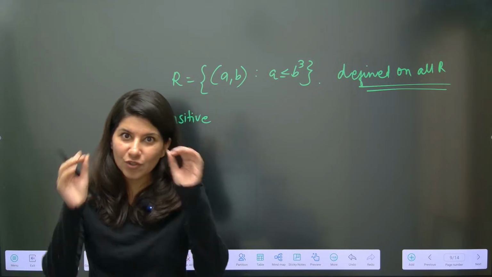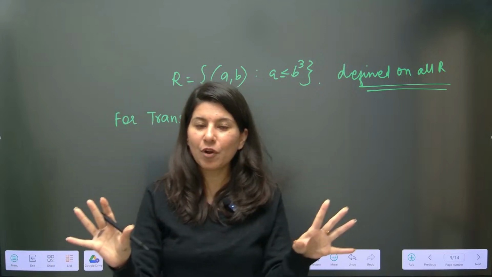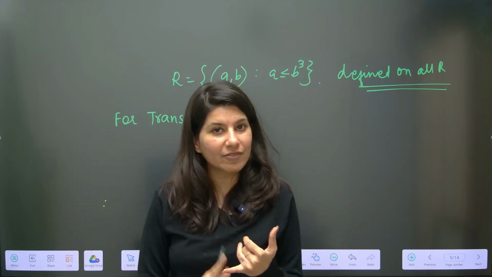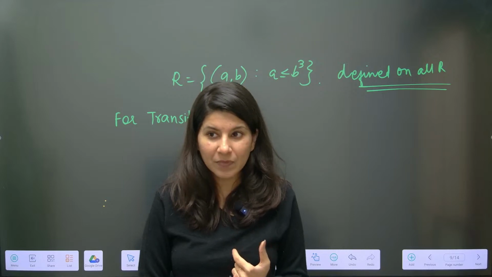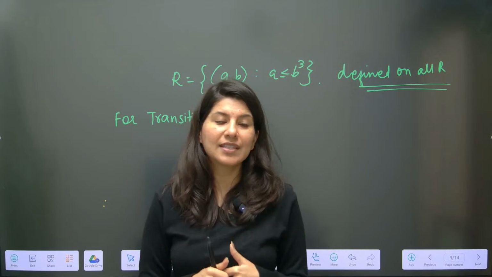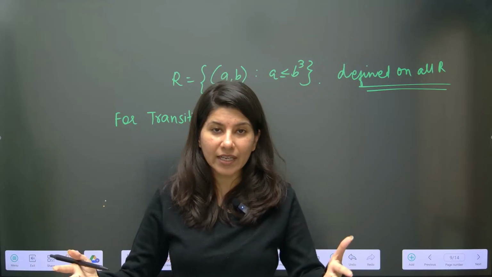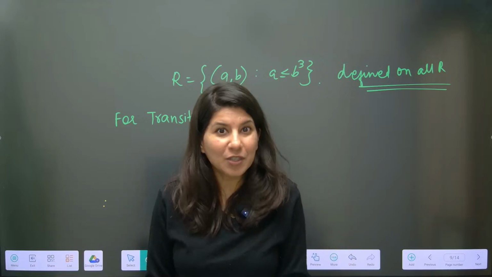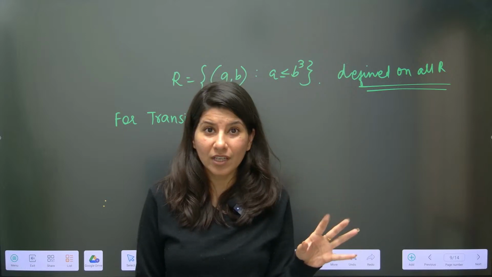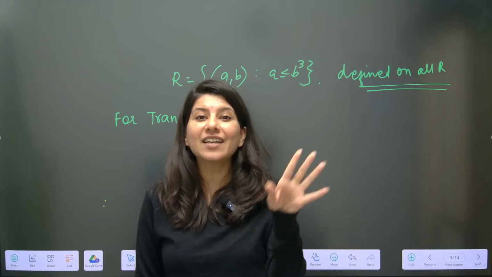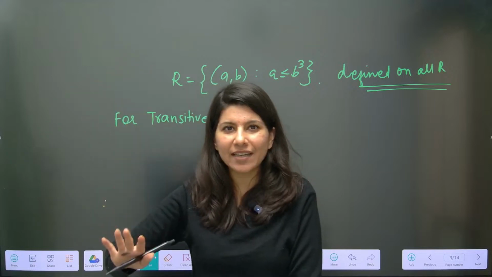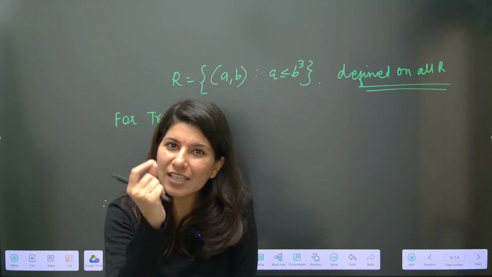See, just one tip from my side whenever you get a reflexive, symmetric, transitive question, okay? To prove someone correct is very easy. But to prove someone wrong, to prove that this person is a liar, you just have to catch one lie of his.